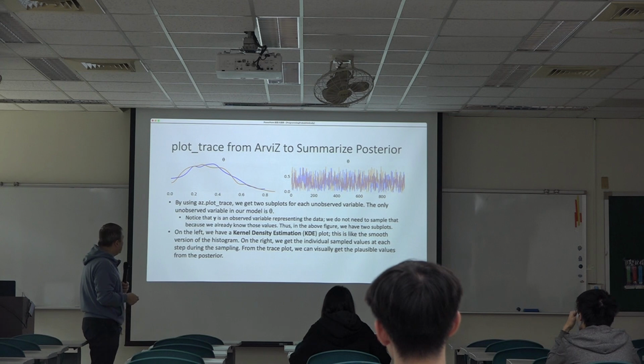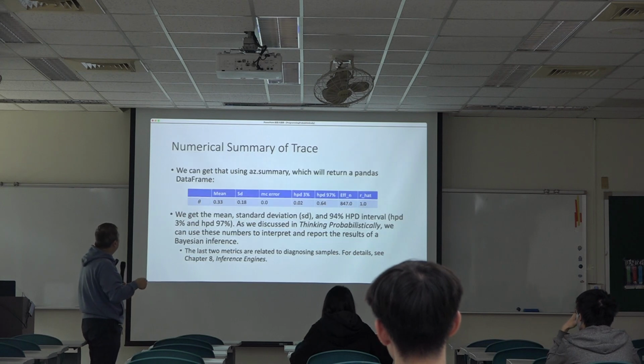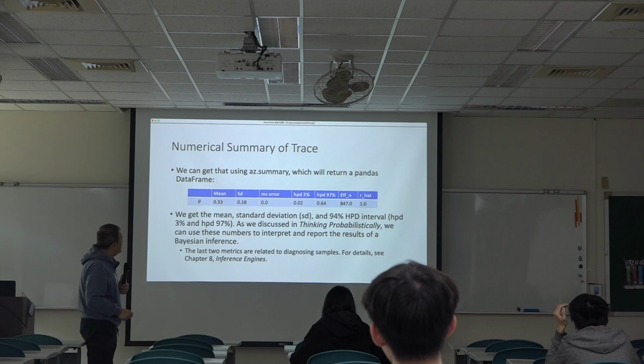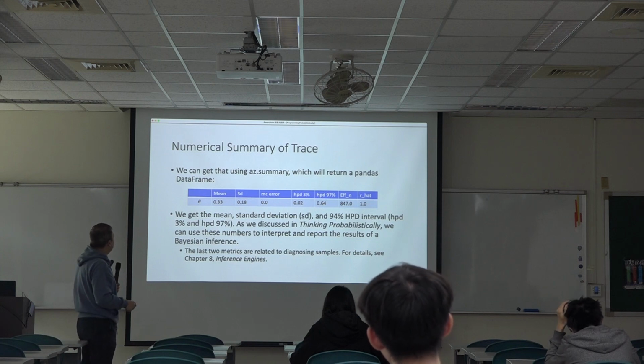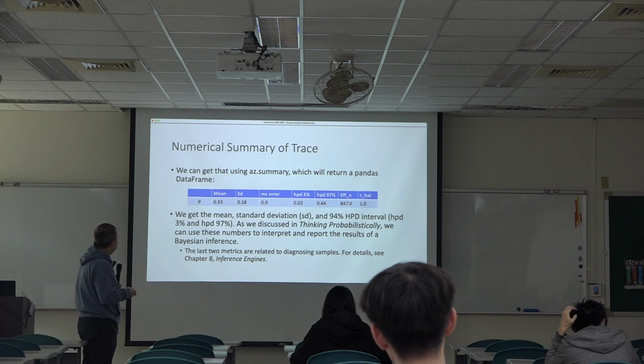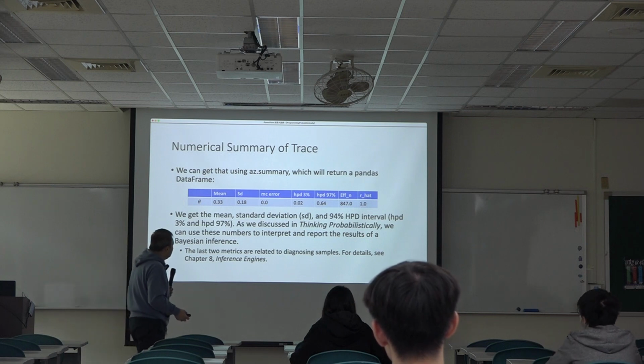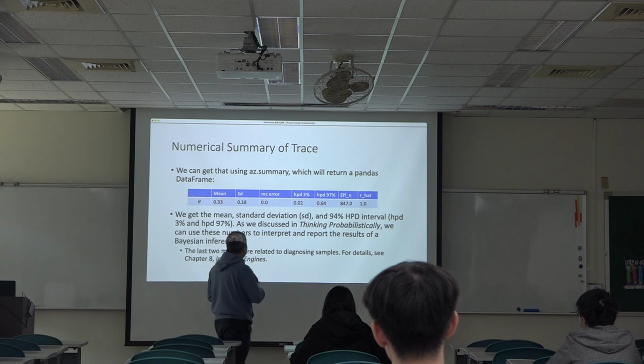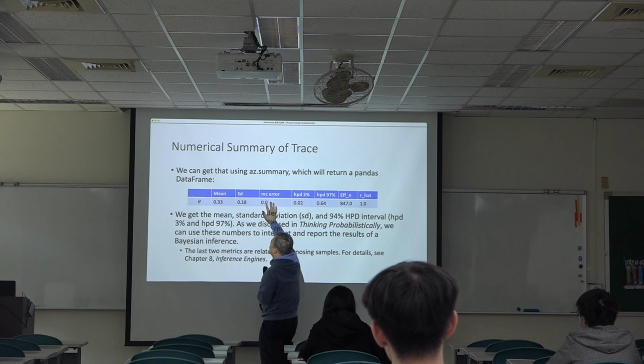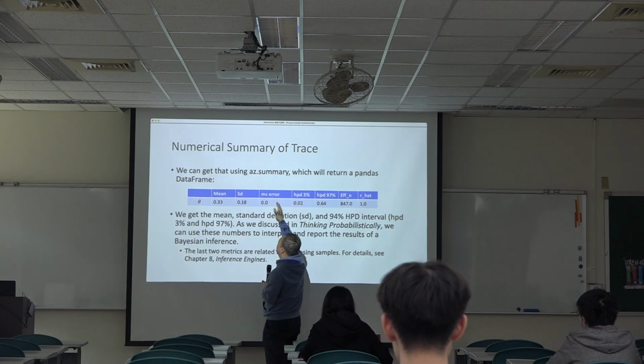Then you can also obtain the numerical summary of the trace by RVs. It will give you the mean, standard deviation, and MC error. At this moment, forget about this, because it is related to MCMC.